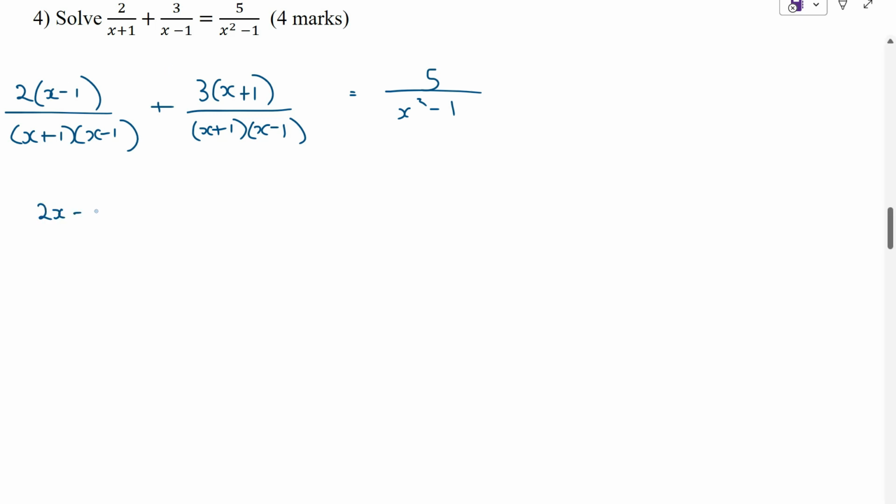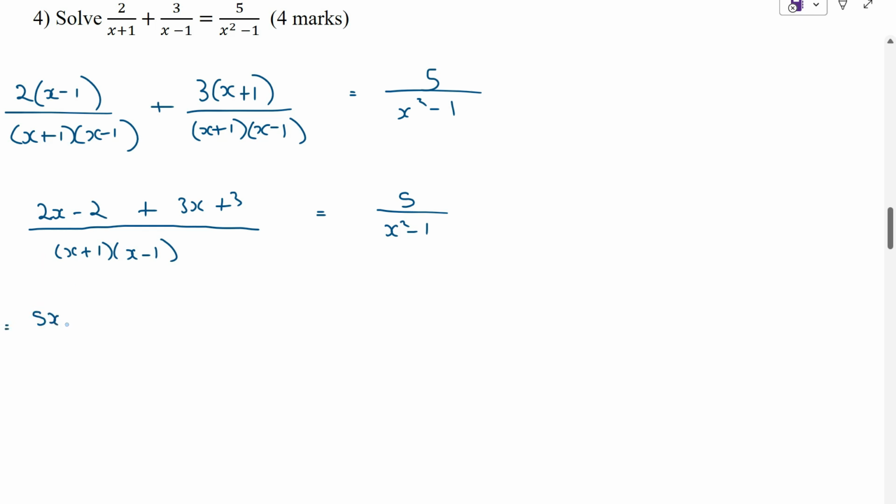So 2x minus 2 plus 3x plus 3, all over x plus 1, x minus 1, equals x squared minus 1. 2x and 3x gives us 5x, minus 2 plus 3 is plus 1.